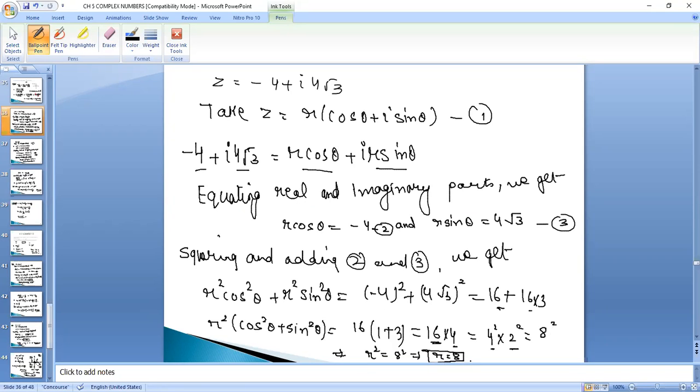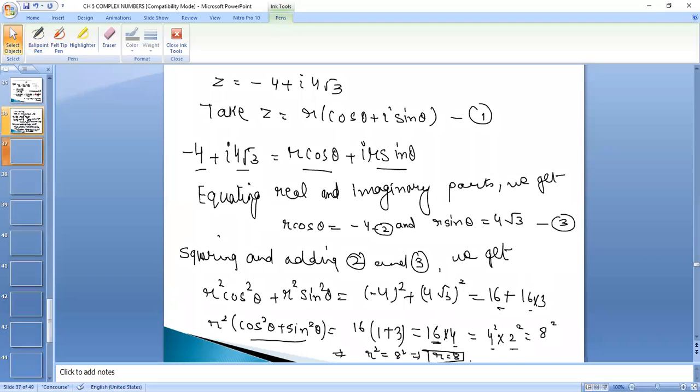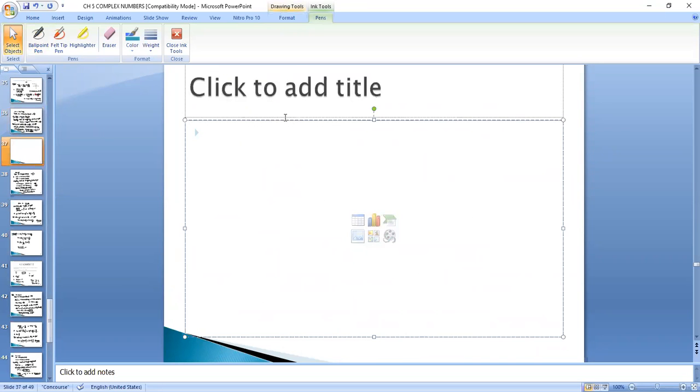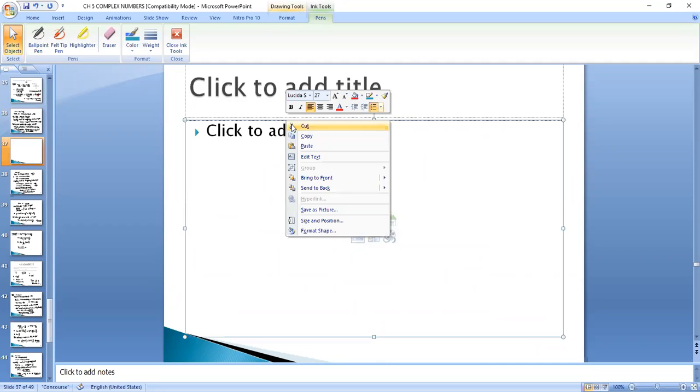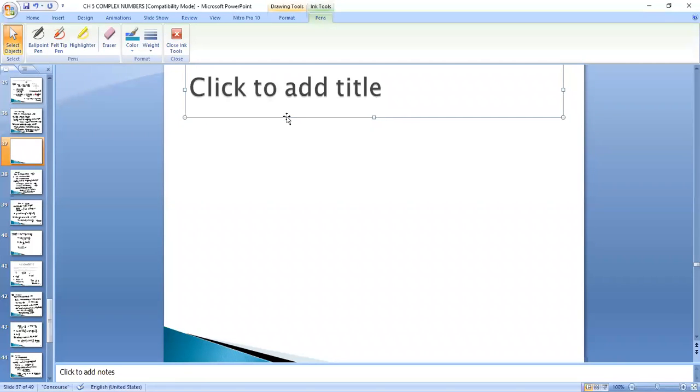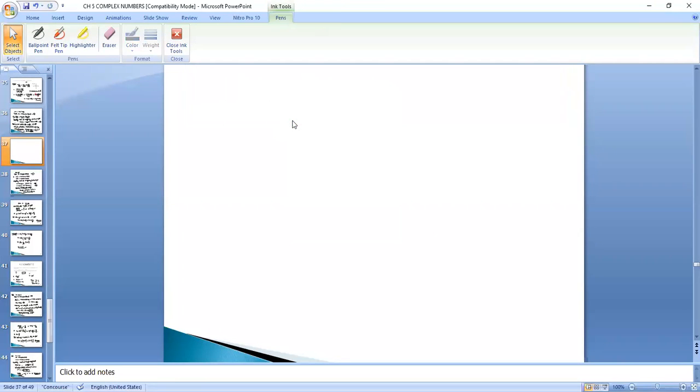Okay. R square is equals to 8 square, because cos square theta plus sin square theta is equals to 1. So R square is equals to 8 square and R is equals to 8. Now we will be calculating theta, right? So calculating theta, we will divide sin theta term with cos theta.